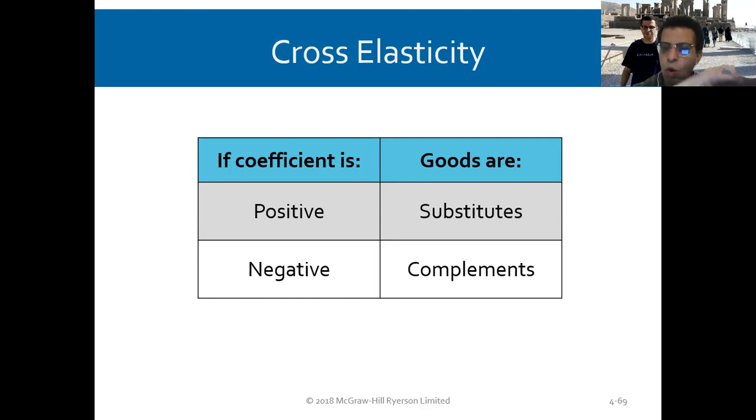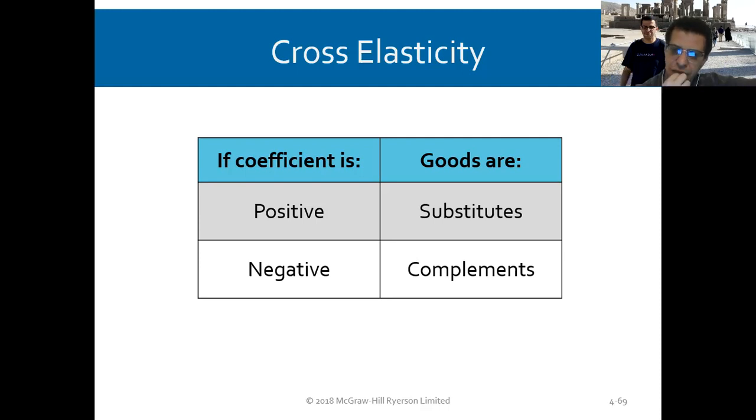Coke and 7 Up and Pepsi are substitutes for each other. So if the coefficient is positive, goods are substitutes. It means that in your reaction to a change in the price of Pepsi or Coke, if suddenly Pepsi goes high, you're going to switch to Coke. And if it goes low, you're going to consume more Pepsi. So it's a substitute if the coefficient is positive.